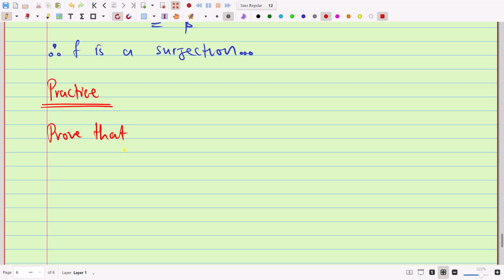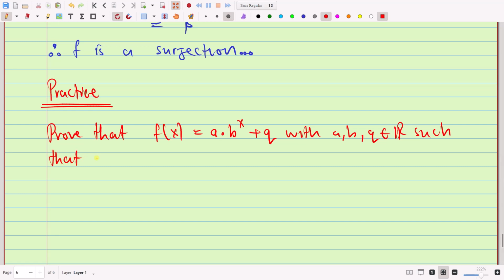Prove that f of x, which is defined as a times b to the x, plus q, with a, b, q elements of real numbers such that a is not equal to 0 and b is greater than 0, but at the same time b is not equal to 1.